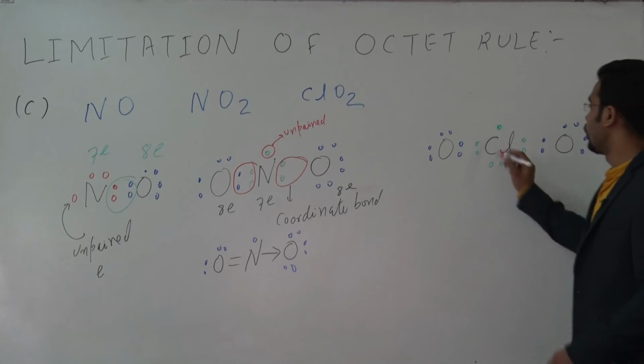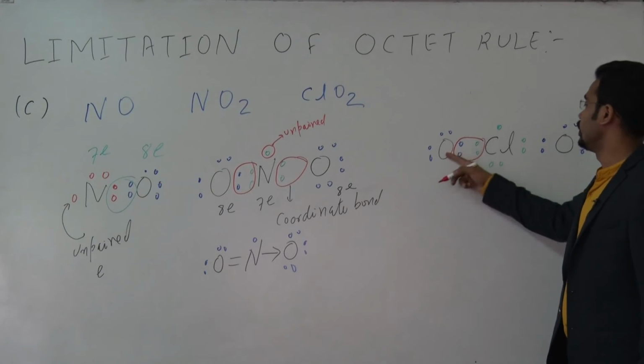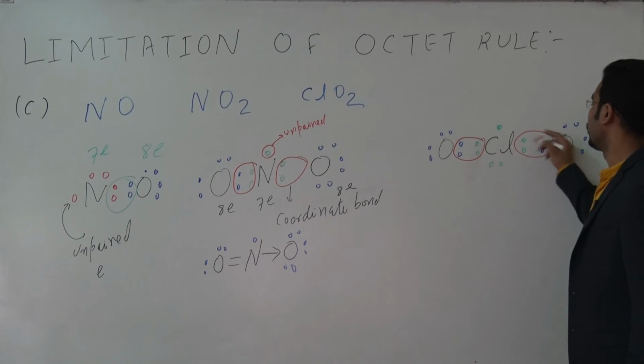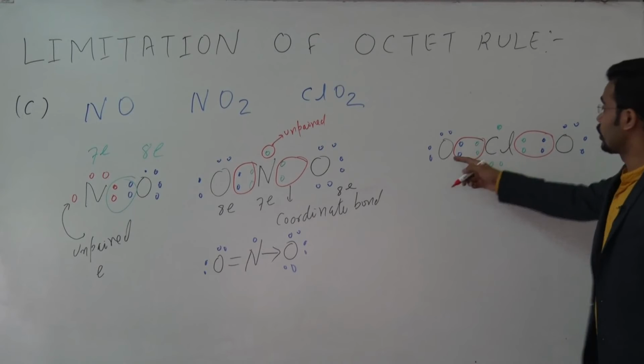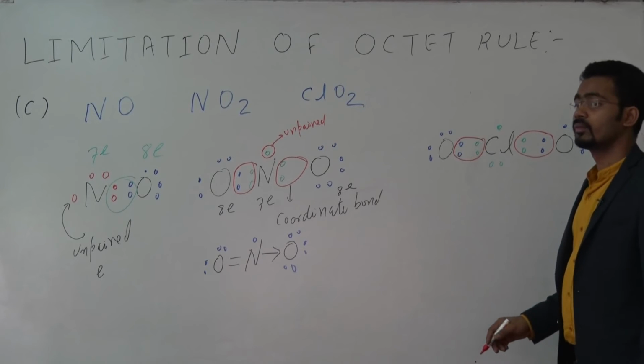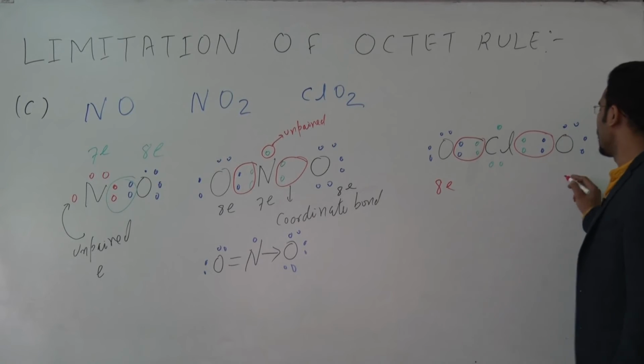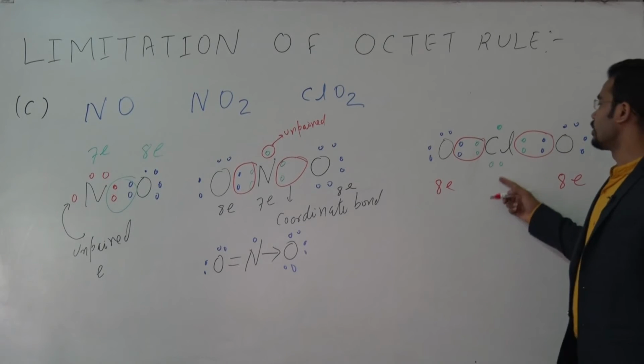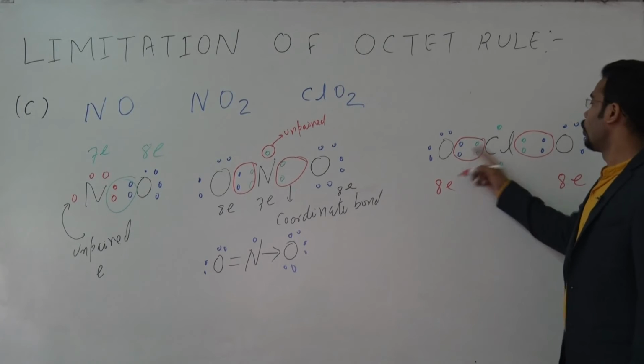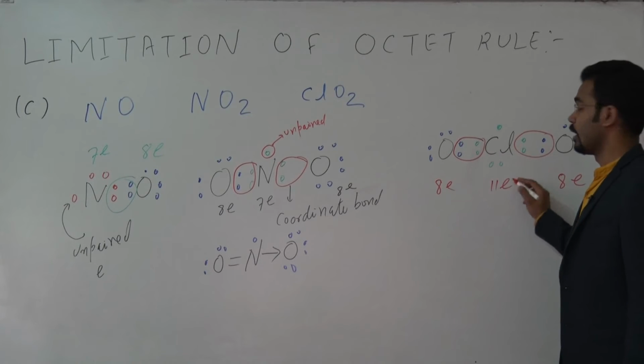So sharing of 4 electrons between this oxygen and this Cl, and sharing of 4 electrons between this and this. So tell me the total number of electrons of oxygen. 8 electrons. This oxygen, 8 electrons. What about this? So 4, 8, 10 and 11 electrons.